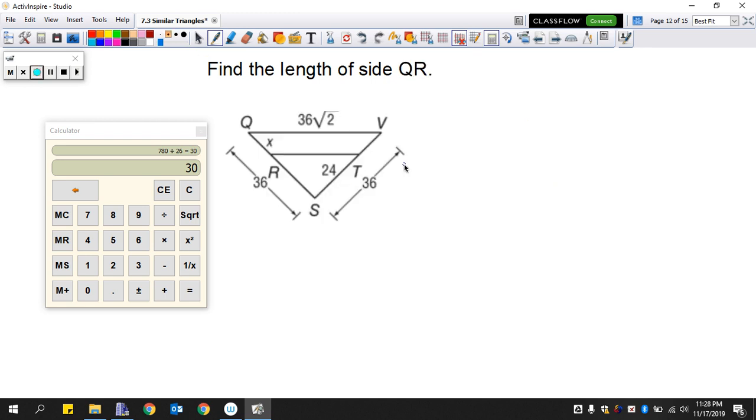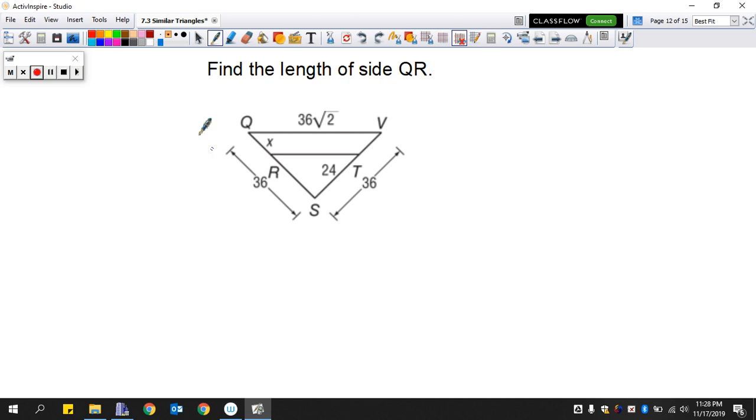All right, so along the same lines, we're going to find the value of x here. Our first x is this one right here, and there are several things that we can do here.